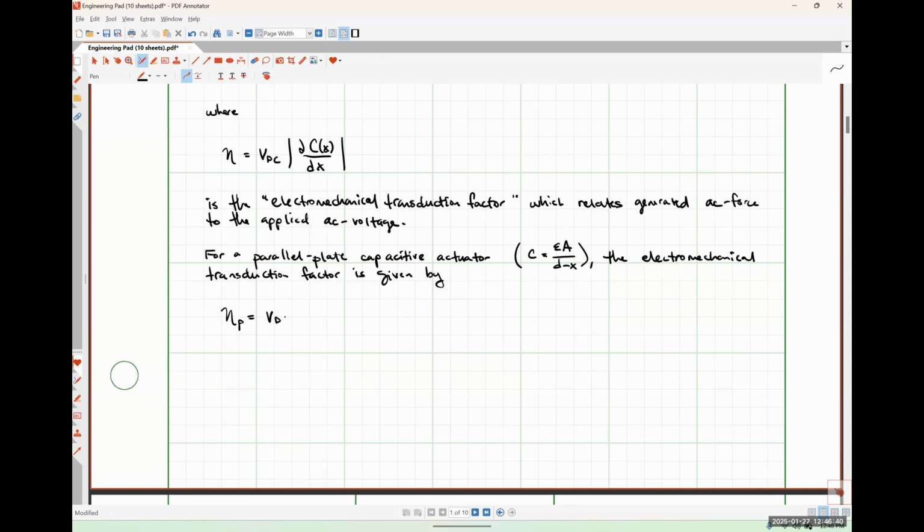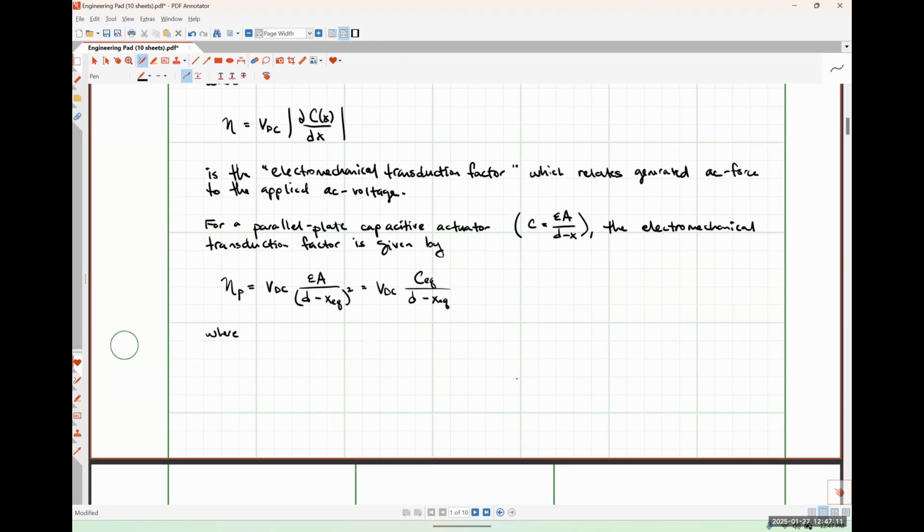We're just going to have simply our DC bias voltage multiplied by epsilon A over (D minus X_EQ) quantity squared. And you may sometimes see this written as V_DC times C_EQ over D minus X_EQ, where C_EQ is equal to epsilon A over D minus X_EQ.